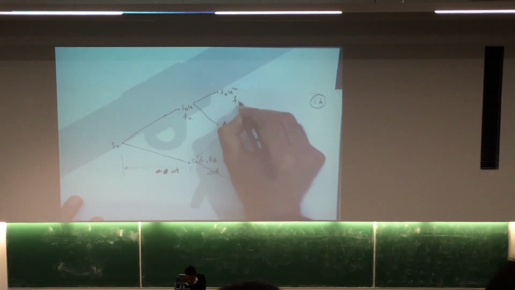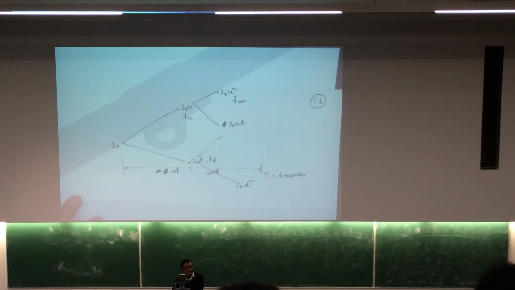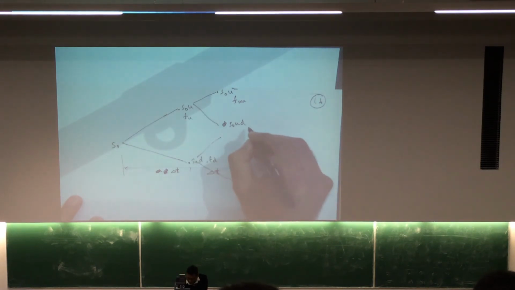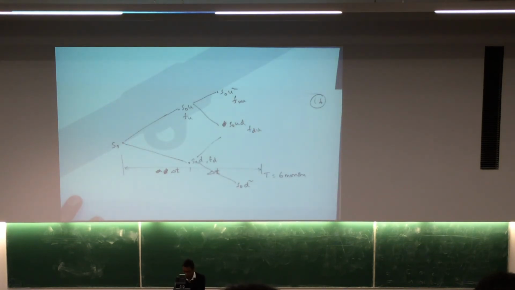And I call this FUU, that is the option value when time equals capital T, and this is going to be FUD or FDU, doesn't matter, and this is going to be FDD. So your ultimate aim is finding the F value.